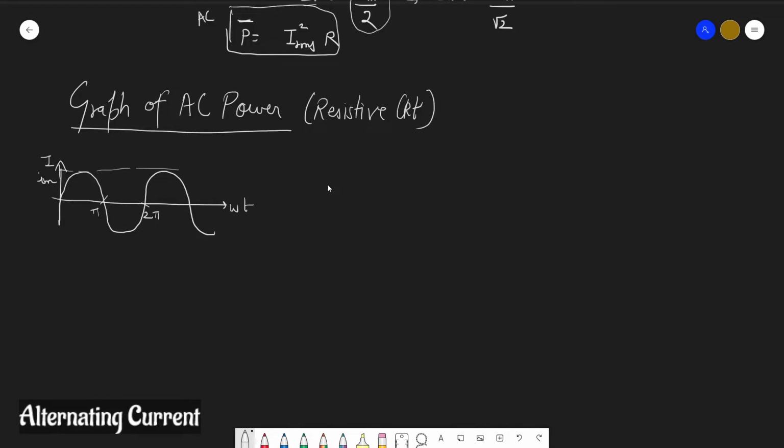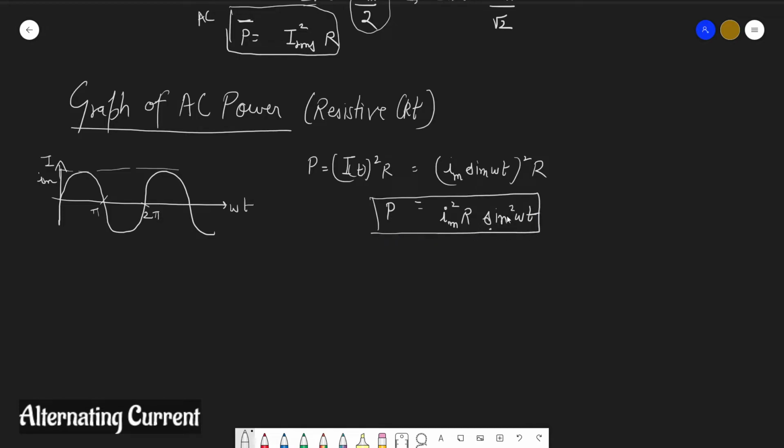Now power, by the expression you have seen, is I square R, that is Im sine omega t whole square into R, so Im square R sine square of omega t. Now observe this power expression. This is the square of this sine. If you square this waveform, what will you be getting?